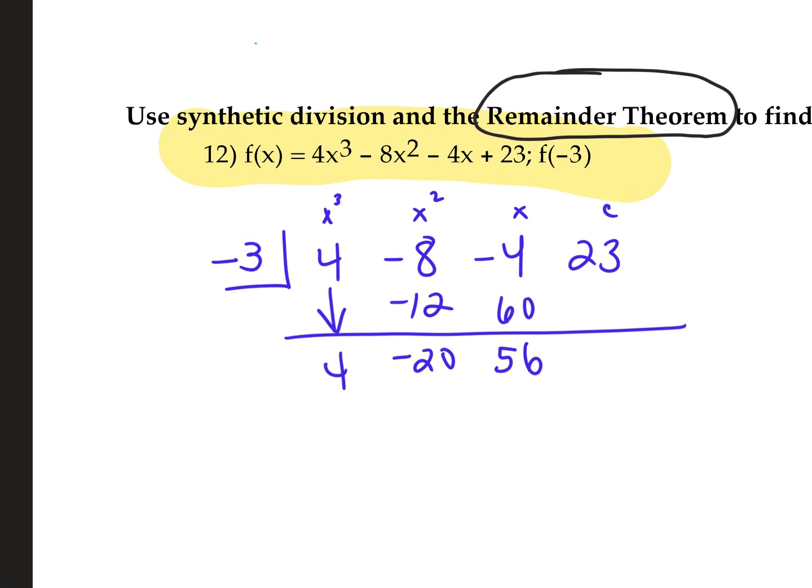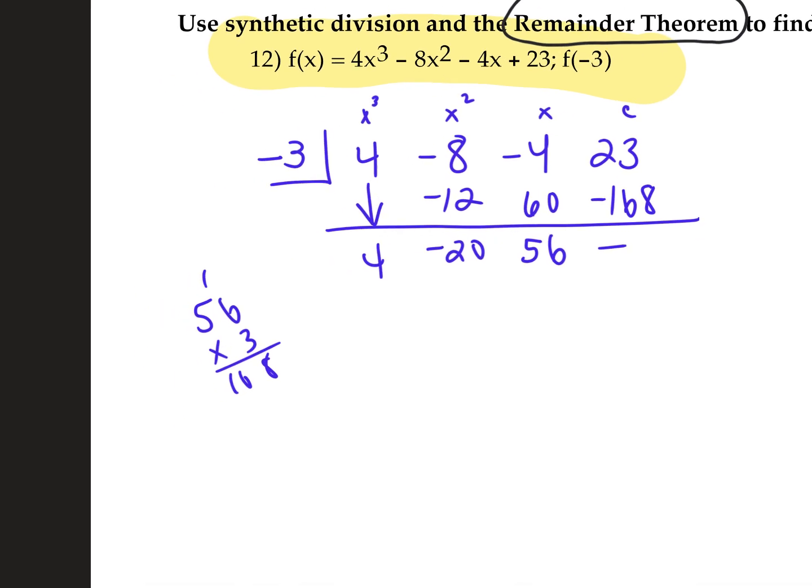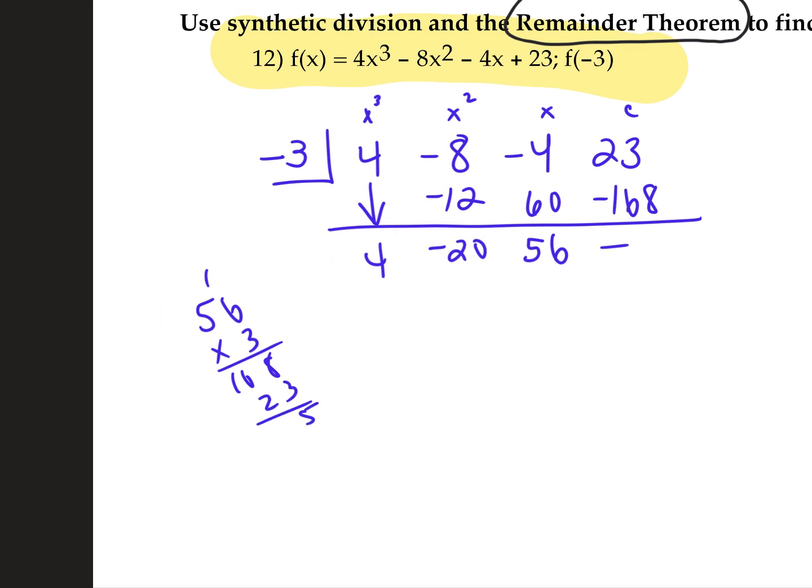If you don't know it right at the top, whatever, watch, guys. Everybody in here can do this. 6 times 3 is 18. Carry the 1. Negative 168. Good. And then we add down. What's negative 168 plus 23? Negative 145.